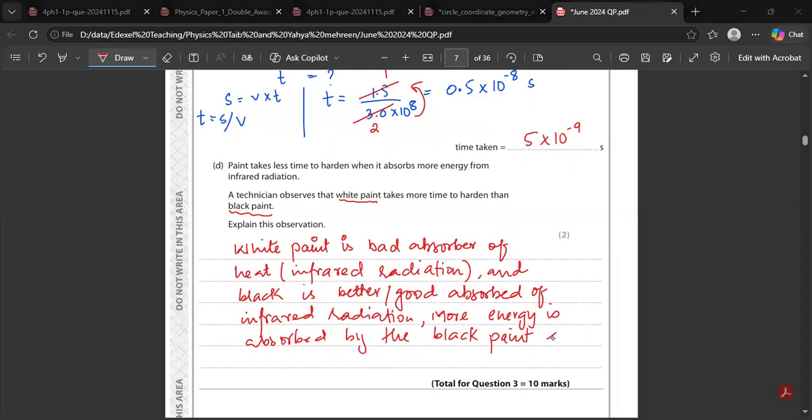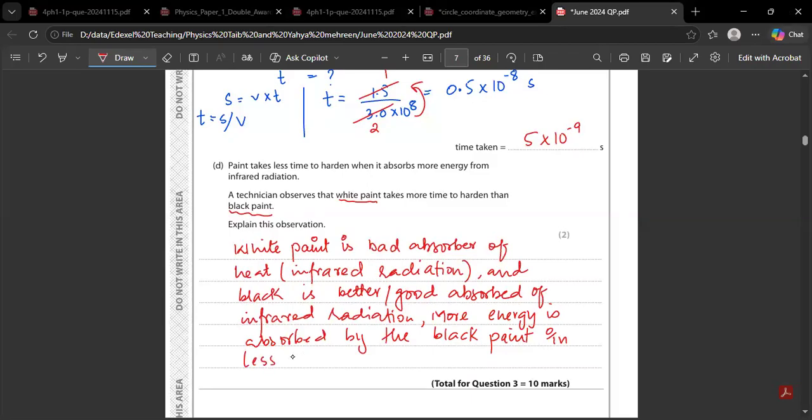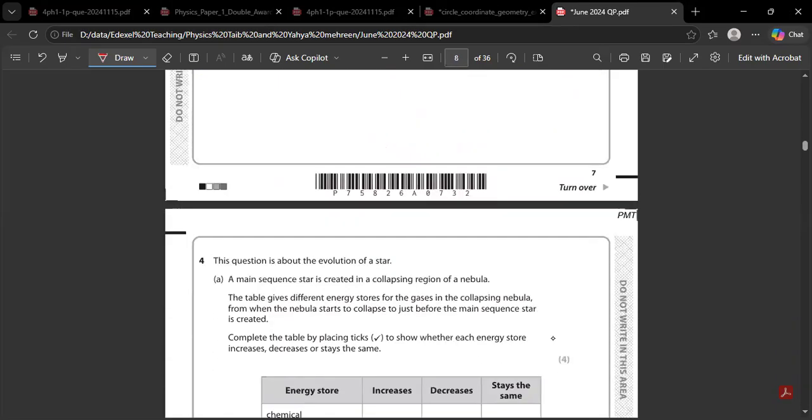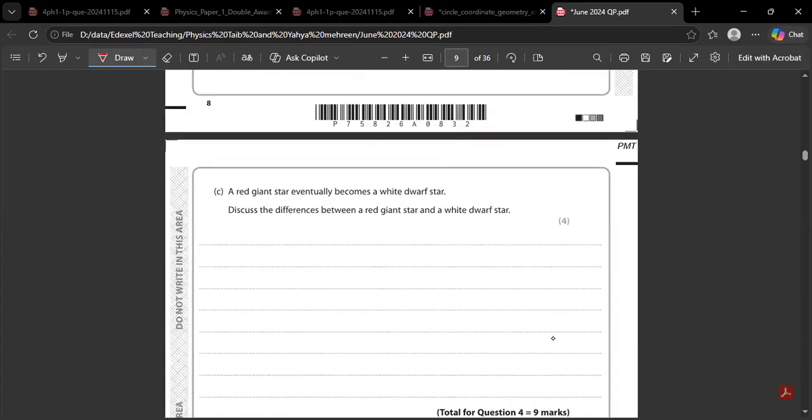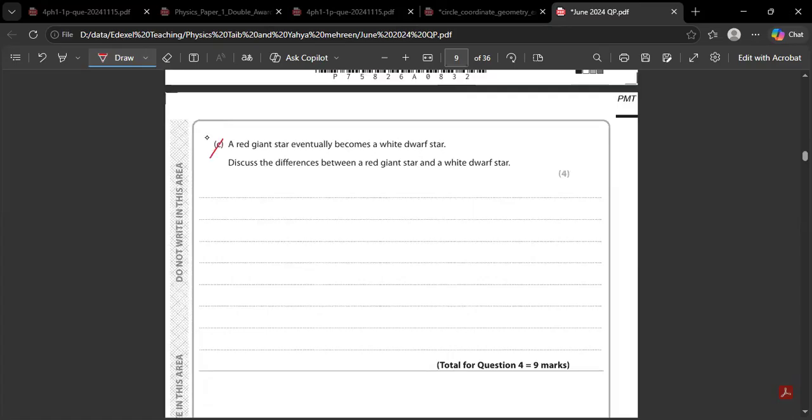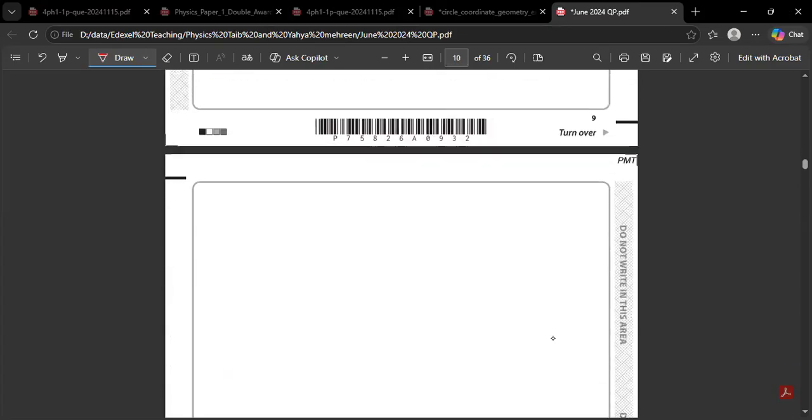You can also write it in lesson, okay? Now, this is also not included in our syllabus right now. Okay.